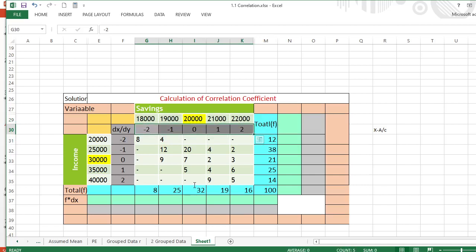For the first column, f value is 8 and dx value is minus 2. So 8 into minus 2 is minus 16.